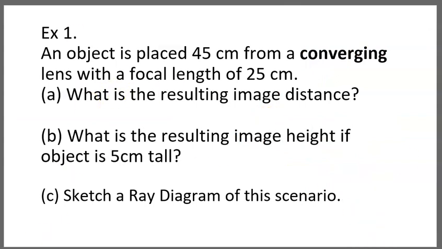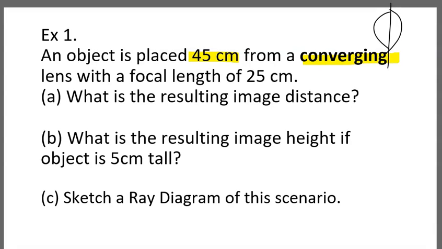Okay, so let's do this example. We have an object that is placed 45 centimeters from a converging lens. Converging means they come together, so that is going to be this type of lens, a convex lens, with a focal length of 25 centimeters, and remember that is positive, so the focal point is on the positive side.